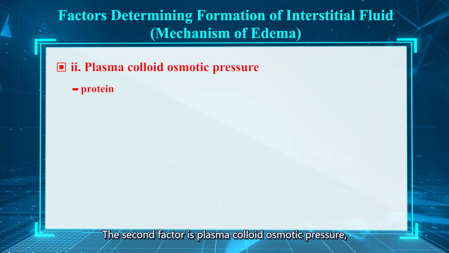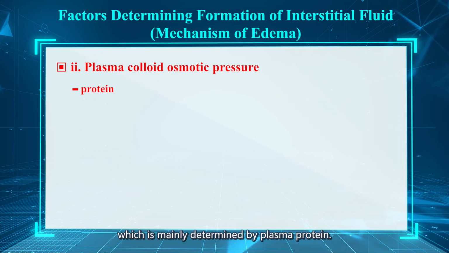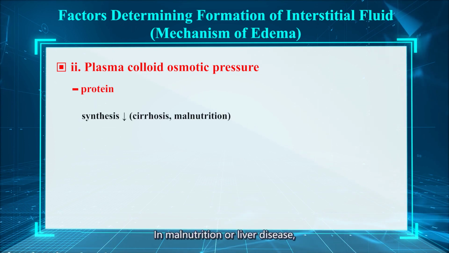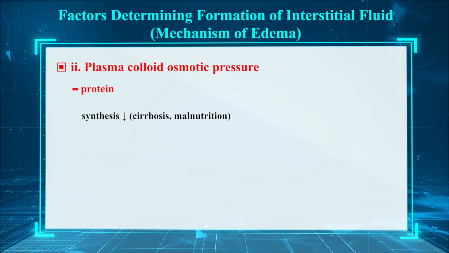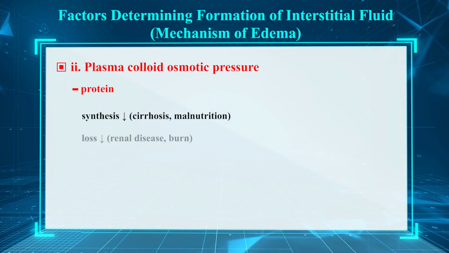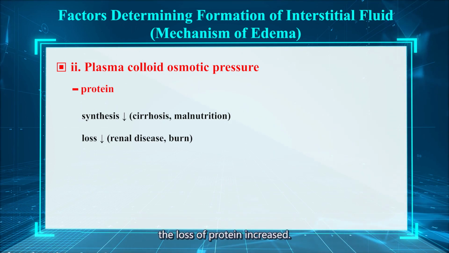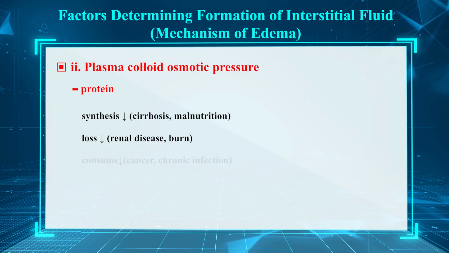The second factor is plasma colloid osmotic pressure, which is determined by plasma protein. In malnutrition or liver disease, the production of protein decreased. In kidney disease or burn, the loss of protein increased.